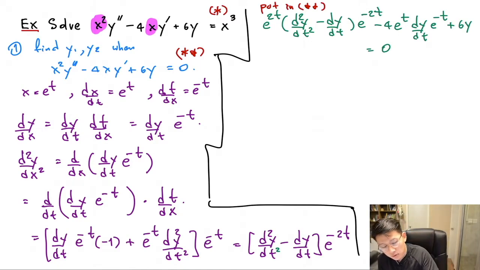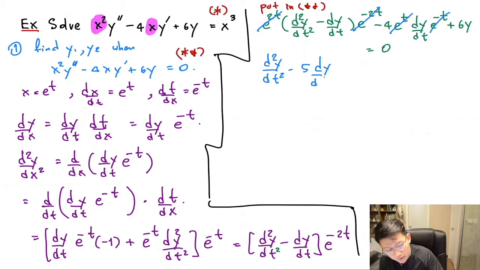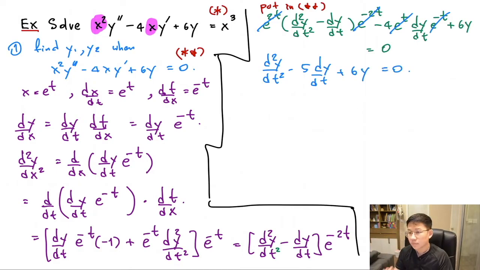These cancel out, so what we have is d²y by dt² minus 5 dy by dt plus 6y equals 0. Make sense?